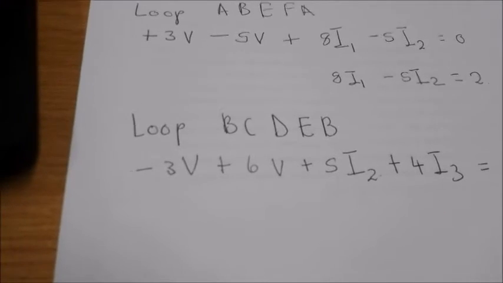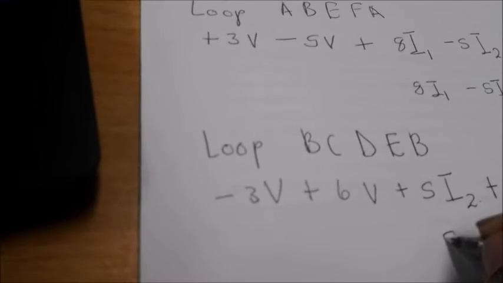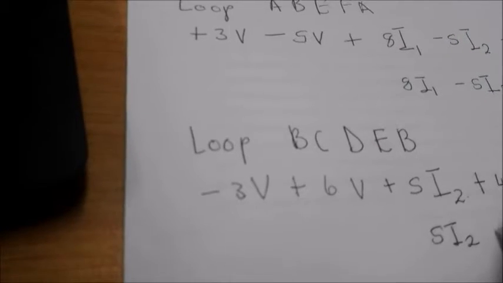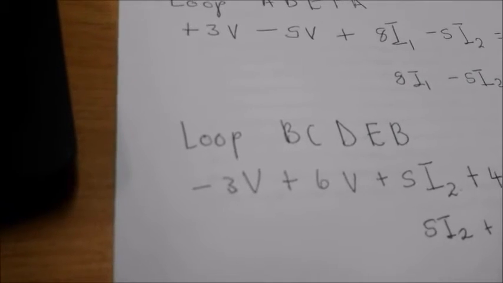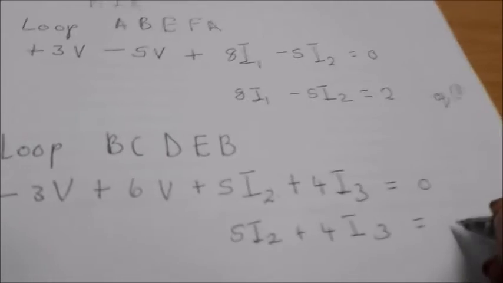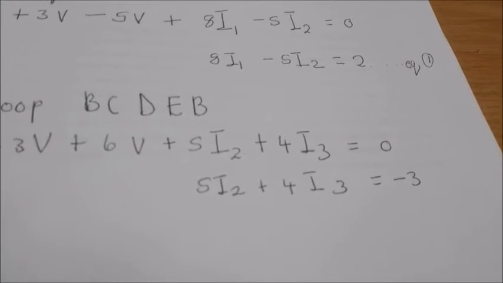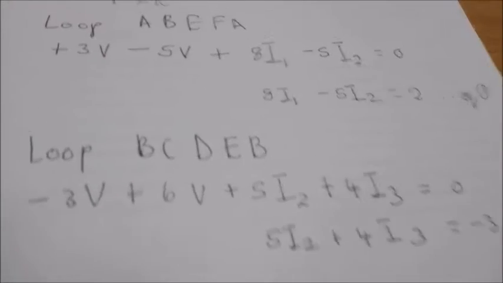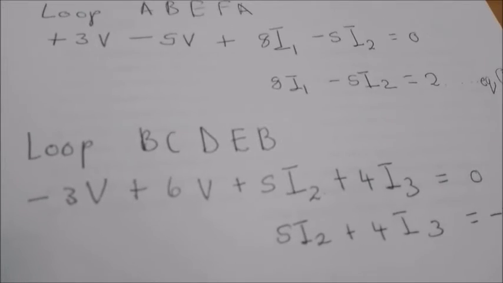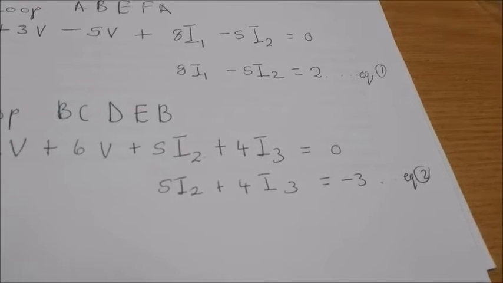We now need to summarize this, and therefore we say 5I2 plus 4I3 will equal, when you add these two up, it should give you minus 3. If we look at this as our equation 2, equation 2 and equation 1 could have been solved simultaneously.